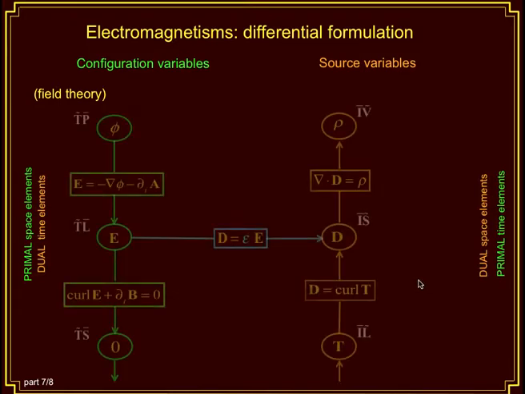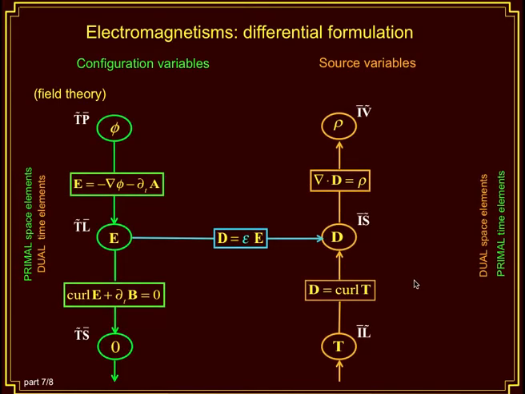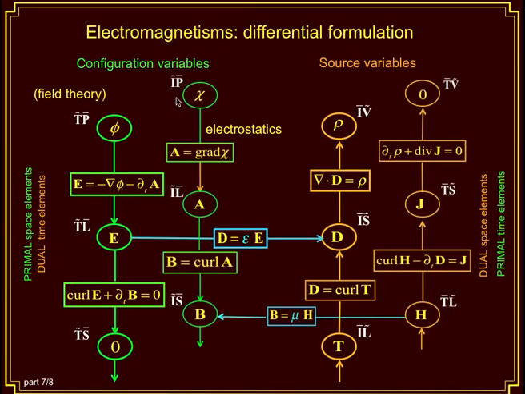Electromagnetism, differential formulation. This is more complex to be described, and we refer to the book of the author. In every case you have the electrostatics here, and you have magnetostatics on the back.